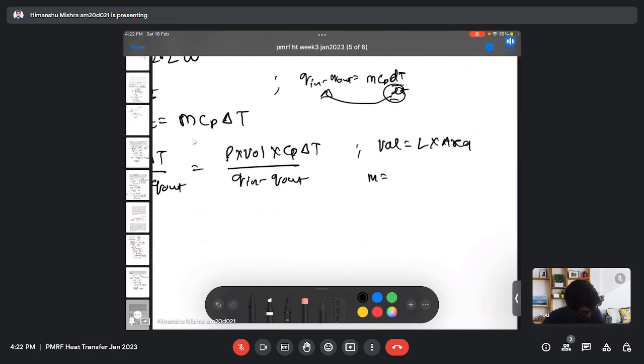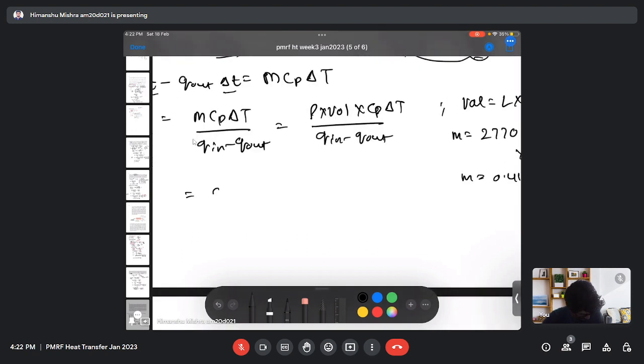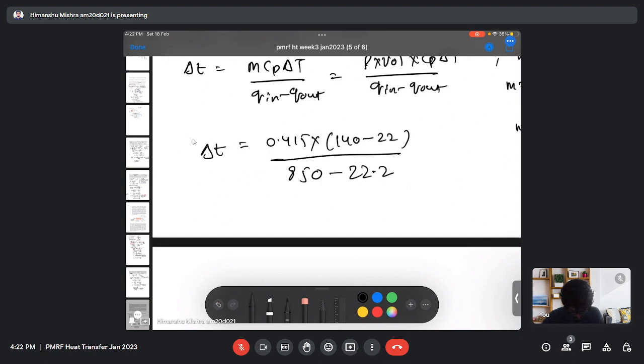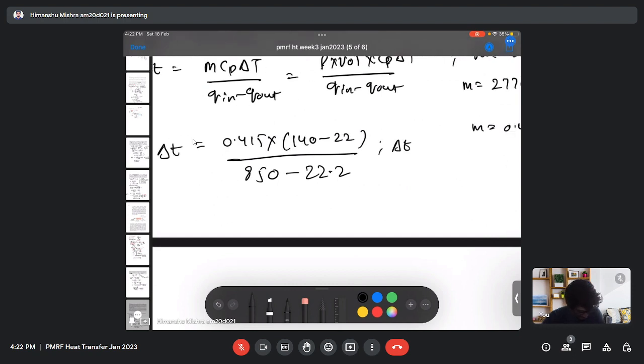So my mass will be density times length times area, which is 4.15 kg. And my temperature difference is 140 minus 22. My Q in is 850 minus Q out, 22.2. So my change in time will be 51.8 seconds.